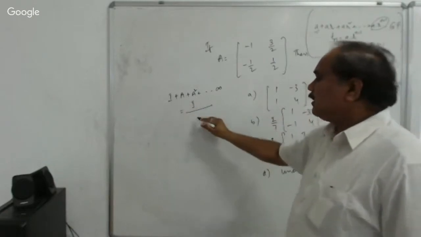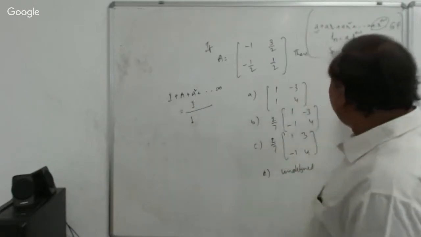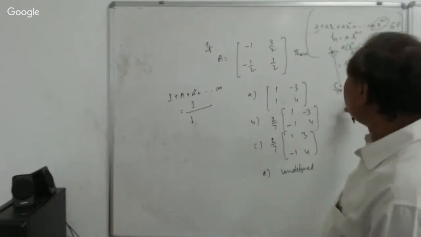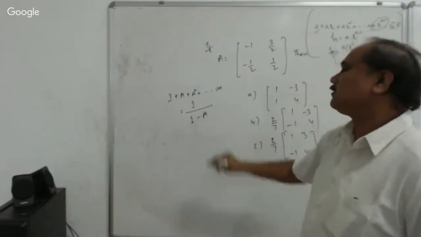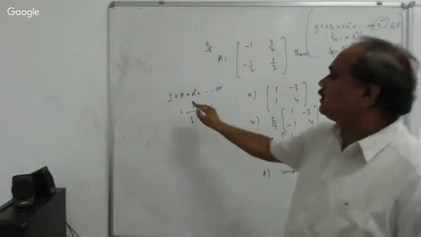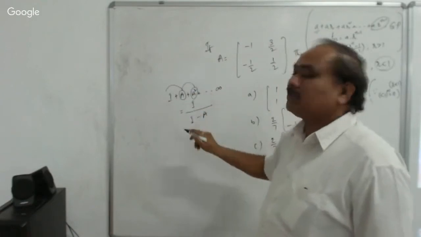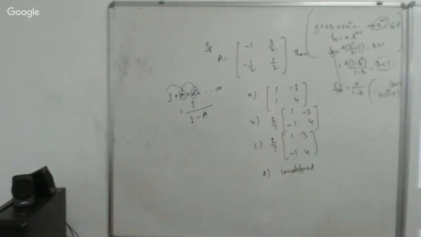In the formula we should write I. The common ratio R means the second term by the first term, or the third term by the second term.